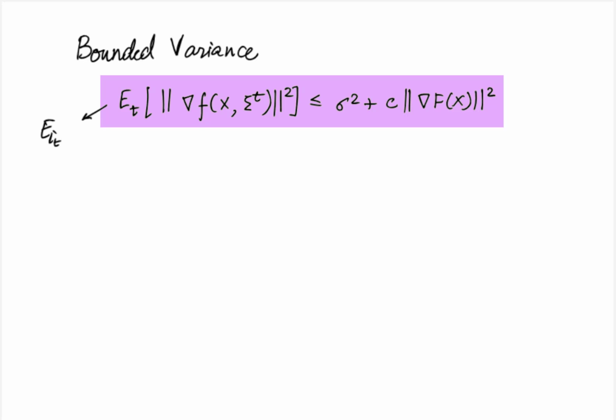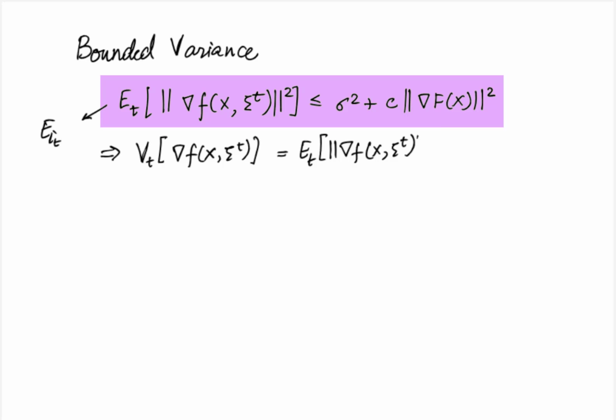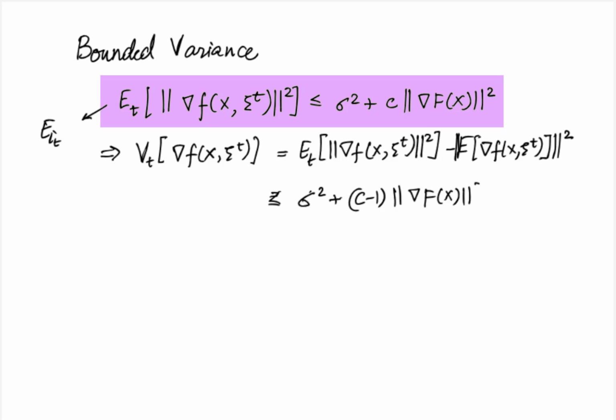We can use this to calculate the variance of the stochastic gradient, which is bounded as follows. The variance V t with respect to i t of gradient of f of x comma xi t is given by E t of norm square of gradient of f of x comma xi t minus norm square of E t of gradient of f of x comma xi t, which is less than or equal to sigma square plus c minus 1 times norm square of gradient of F of x.